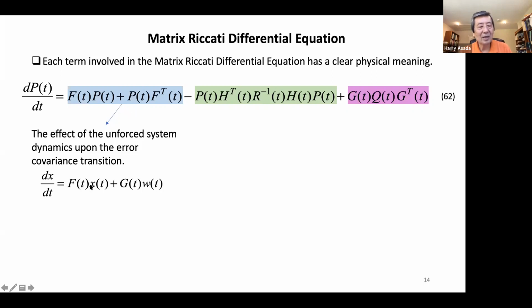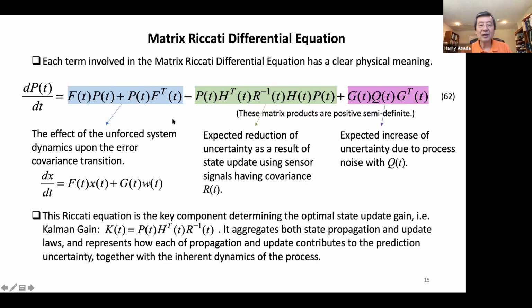If the system is stable, this one may be converging, right? If the system is unstable, this one keeps getting bigger and bigger, and could diverge in some sense. So that is determined by these 2 terms, okay? Second term and the third term.